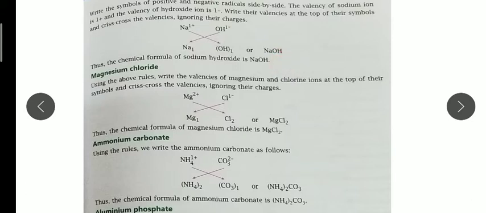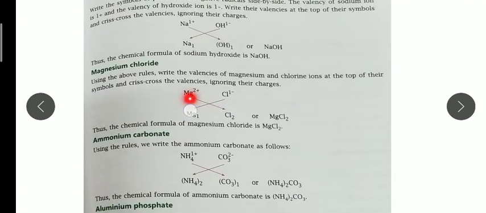Now have a look at magnesium chloride. Magnesium is having 2 plus, Cl is having 1 minus. When we crisscross, the 2 will go to the Cl and the 1 will go to the Mg. Remember that the charge of magnesium will go to Cl after crisscrossing, and the Cl charge will go to the magnesium.